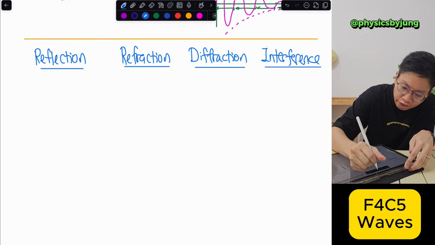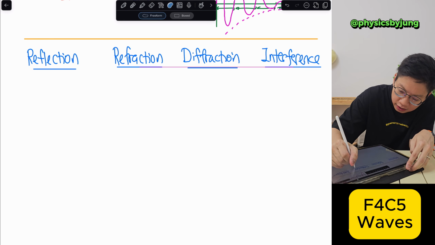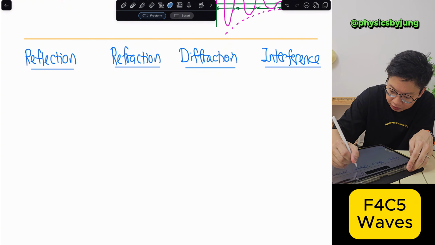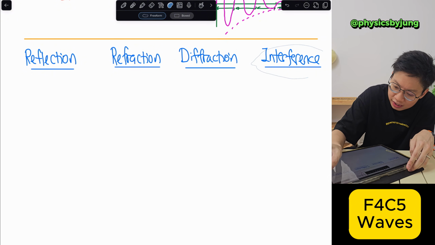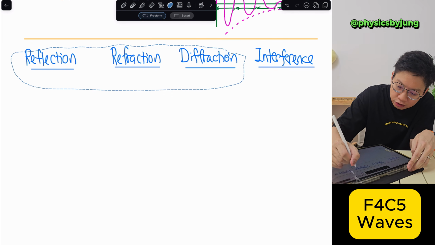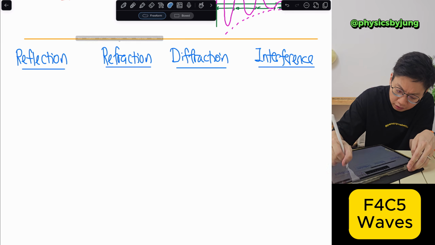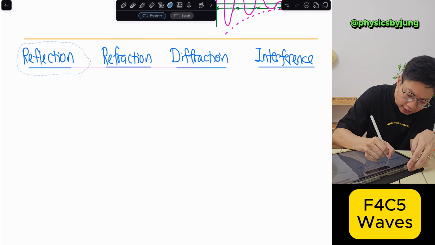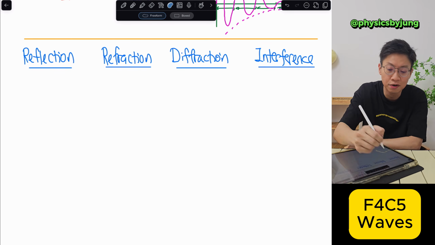So I call this the 4 most important things in the whole entire chapter. Okay, now, each of these 4 has its own potential essay question. For instance, what can reflection ask in its essay question?